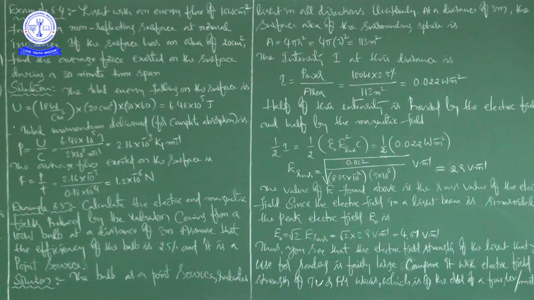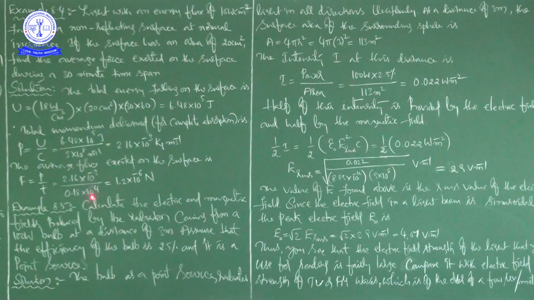Okay. Next, the average force exerted on the surface is F equal to P by T, that is equal to 2.16 into 10 to the power of minus 3 divided by 0.18 into 10 to the power of 4.